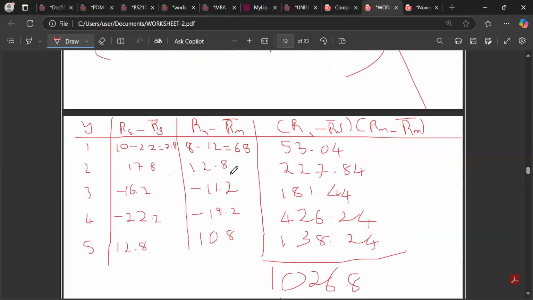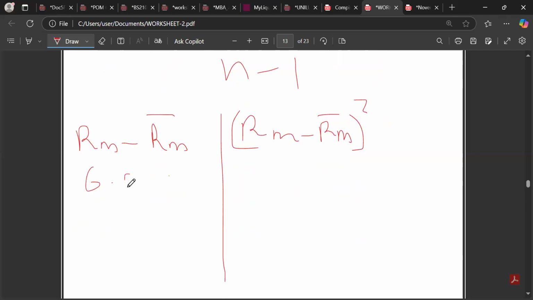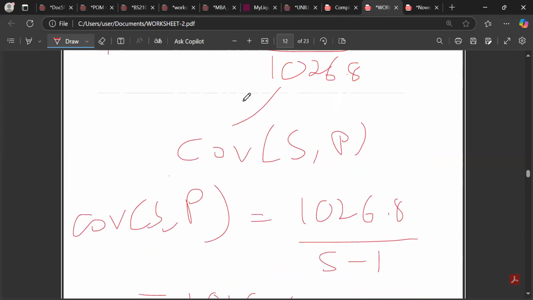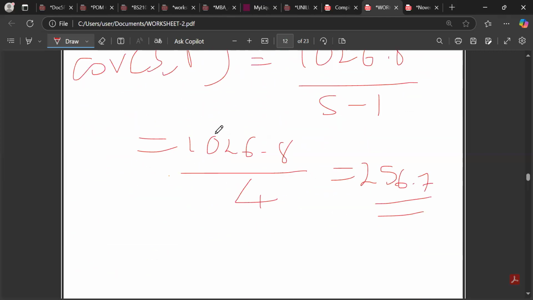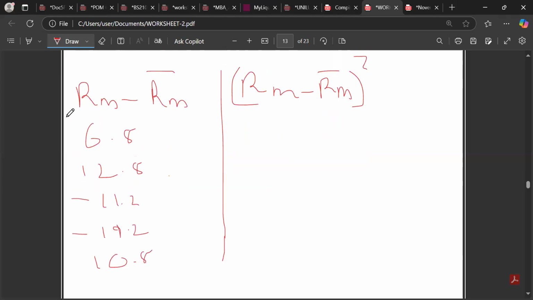We found them as 6.8 first, then 12.8, then negative 11.2, negative 19.2, and the last one was 10.8. We now square these figures to get answers here.